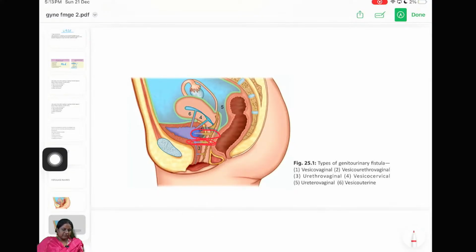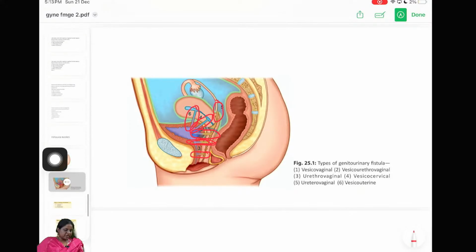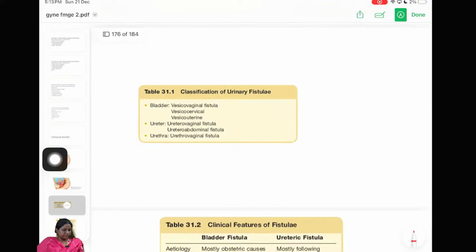Okay, third is urethrovaginal. Okay, fourth is going to be vesico-cervical. Understood? Fifth is going to be ureterovaginal, that is ureter and vagina. Sixth is going to be vesico-uterine. Understood? So these are the different types of fistulas that you know of, from each and every part.